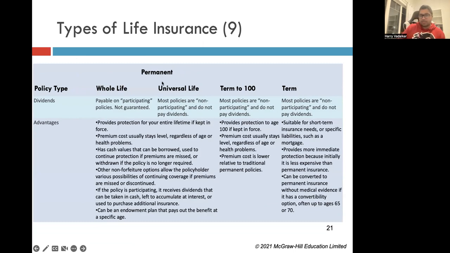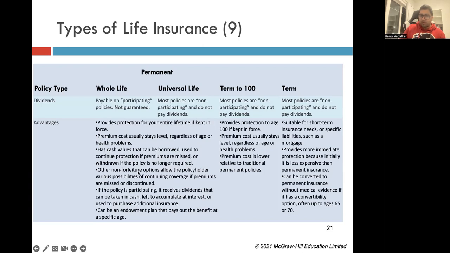What are the advantages of permanent insurance? It provides protection for your entire lifetime if it is kept in force. Premium cost usually stays level regardless of age or health problems. It has cash value that can be borrowed, used to continue protection if the premiums are missed, or withdrawn if the policy is no longer required.